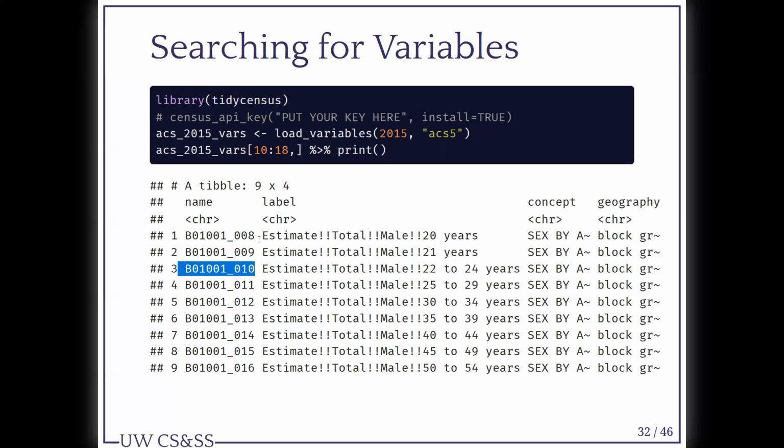And the thing that it has inside is an estimate of how many people are male and 20 years old at the block level, and so on for all of these different categories. But it can often be very difficult and, I don't know what the word is, boring to read through all of these because there's so many and they're so specific. Very much a control F situation and very much a read the code book first situation.